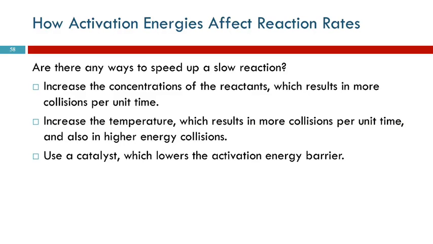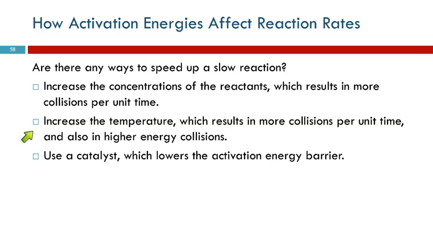We talked about kindergartners in a room. If you have 100 kindergartners in this room and they're running around, they're going to bump into each other a lot. If the concentration is lower, maybe there's only 5 kindergartners in here, they're not going to bump into each other as much. More frequent collisions means faster reaction.